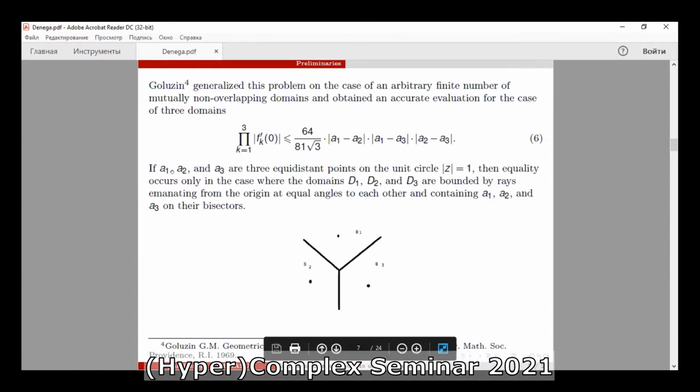If A1, A2, and A3 are 3 equidistant points on the unit circle, then equality occurs only in the case where the domains D1, D2, and D3 are bounded by rays emanating from the origin at equal angles to each other and containing the points on their bisectors. On the picture, we have the extremal configuration.